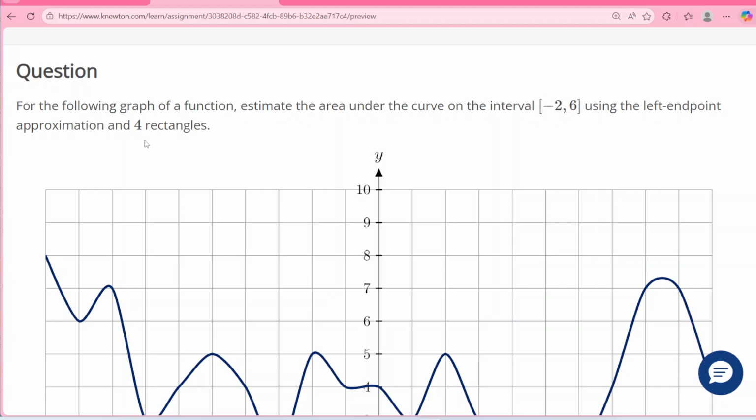If I divide it by 4, 8 divided by 4 is 2. So our pieces would go from -2 to 0, 0 to 2, 2 to 4, and 4 to 6. And then I plug in the left endpoints, so -2, and 0, and 2, and 4, and get those heights. And then the area of the rectangles will be the sum of all the heights times the widths, times 2.